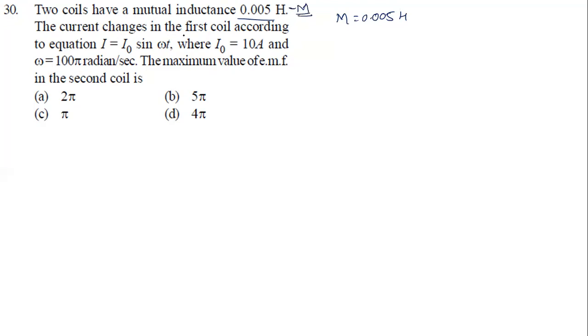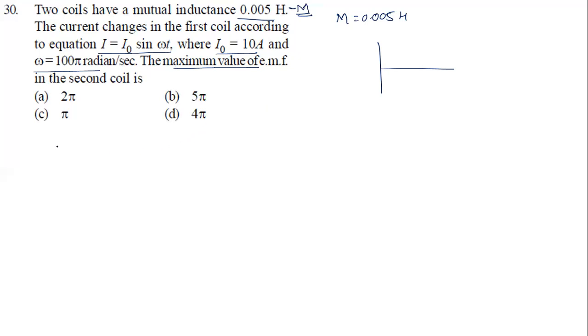Current changes in the first coil according to the equation given. I naught is the given maximum value of current. Omega is given. Then they're asking the maximum value of EMF in the second coil. If I write a simple diagram, look at it now. Since they've given this, EMF is going to change according to the cos function, right?